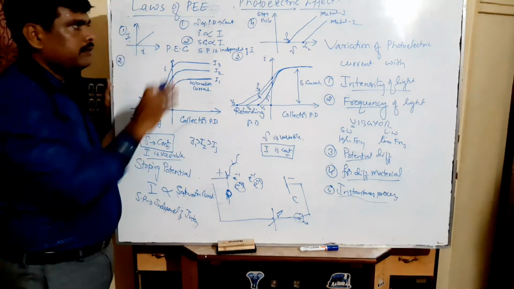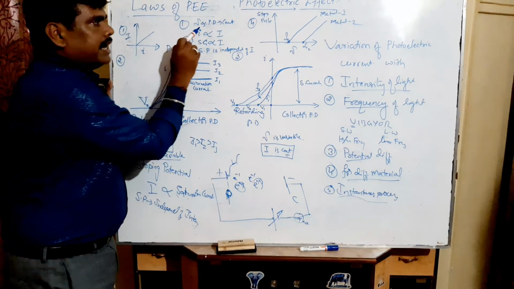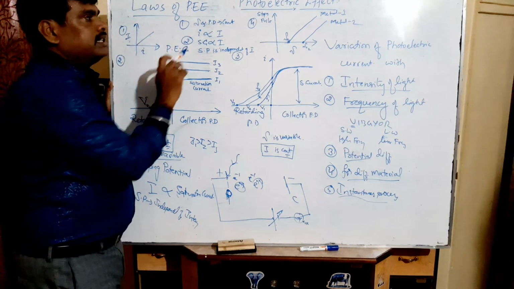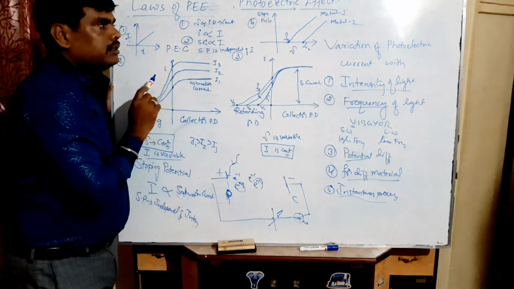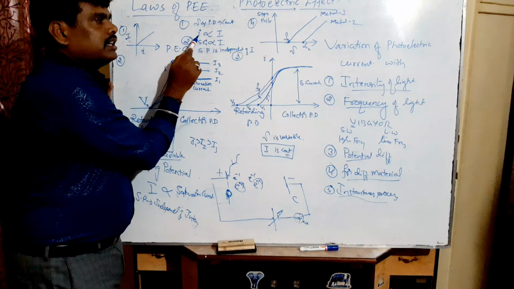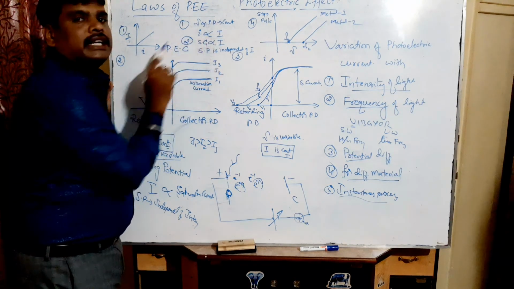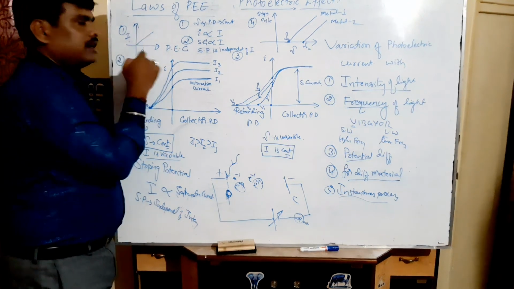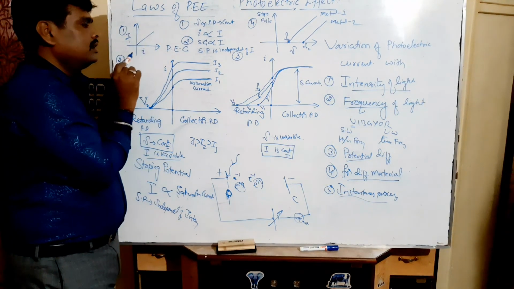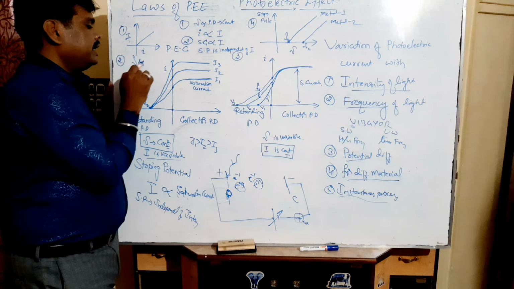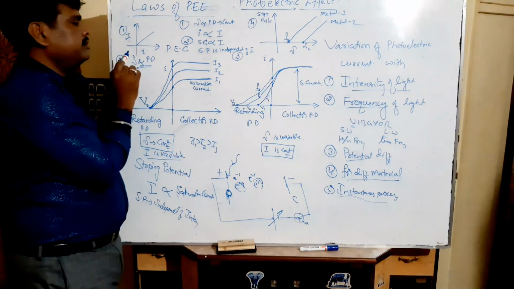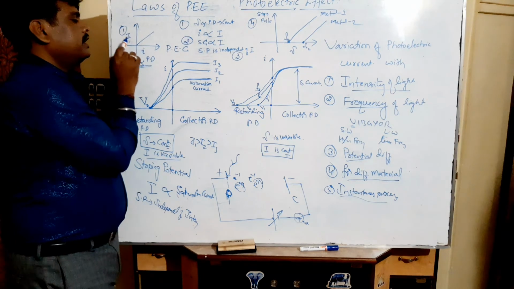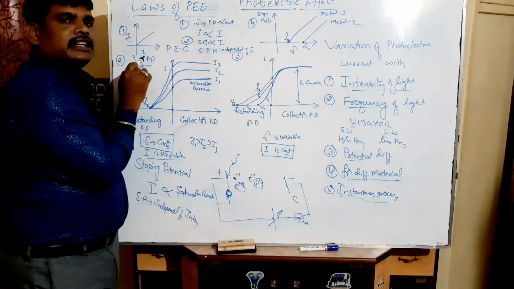I want to repeat the first and second once again. For the given photosensitive material, at constant frequency and constant potential difference, the photoelectric current is directly proportional to intensity of light. Here, frequency and potential difference are constant. The variable is the intensity: if I increase it, the photoelectric current also increases.